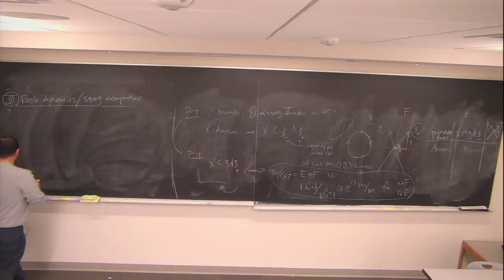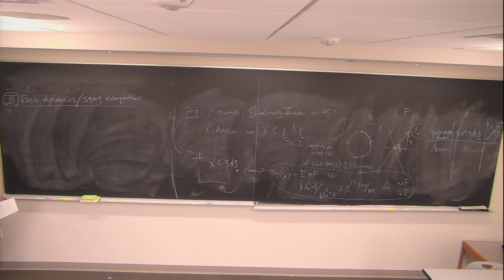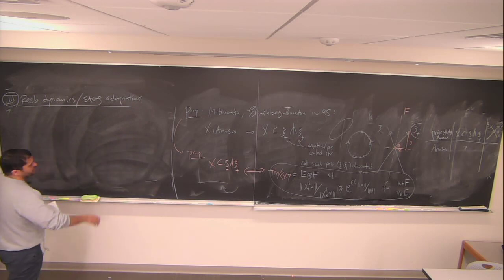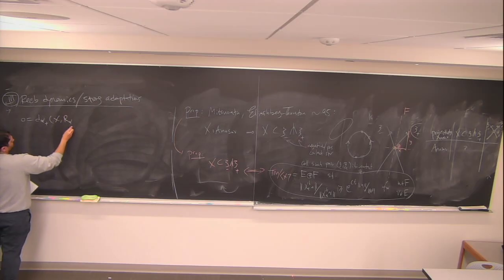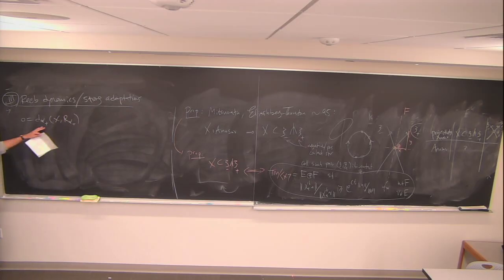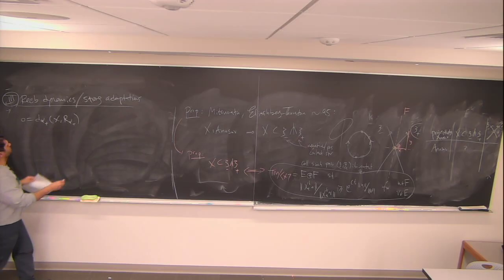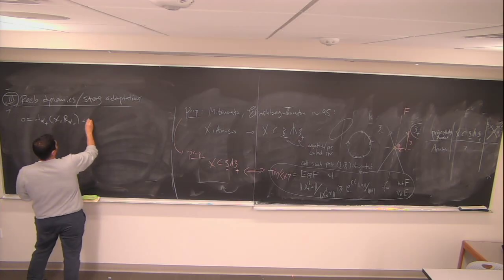So I start with a very elementary observation: if you have a contact form defined the way I was describing, and you look at the Reeb vector field of this contact form and pair it with the direction of the flow, or any other direction, you should get 0.